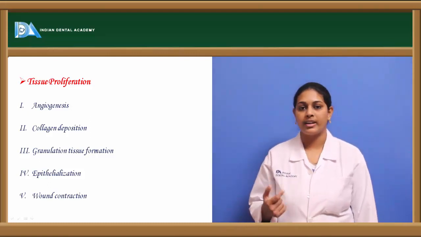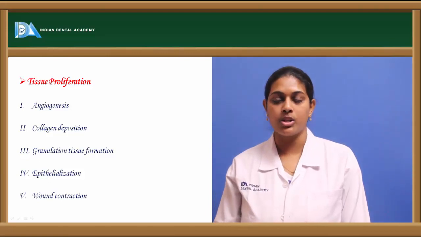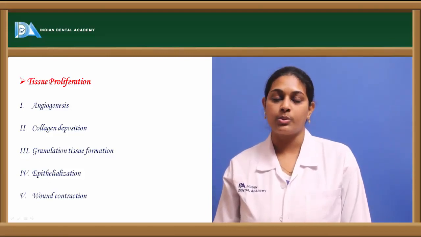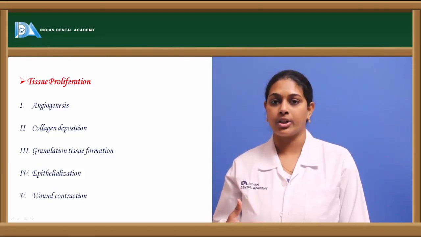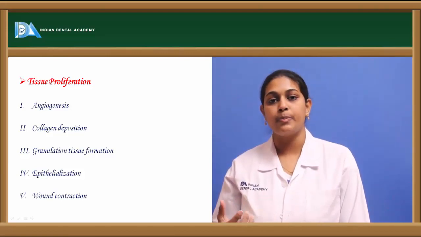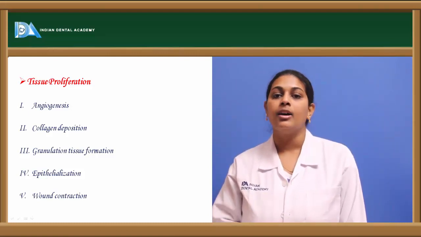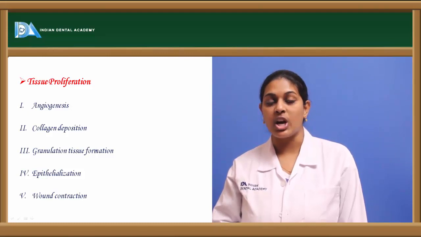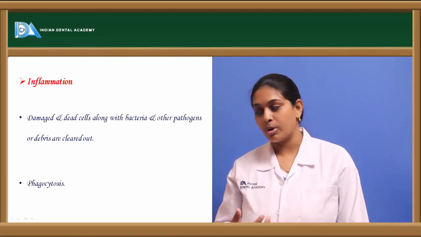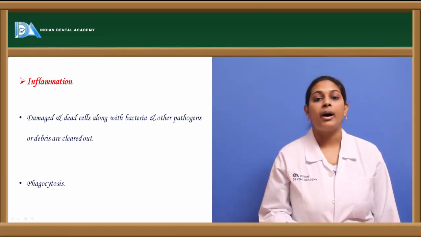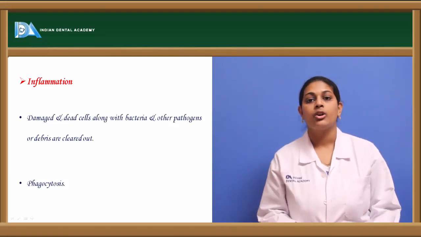Then coming to the wound contraction phase. This phase is usually not seen in all wounds, but it is most commonly seen in large wounds. When the wound is large enough, it decreases in size by contraction. This contraction is brought about by a specialized form of cells known as myofibroblasts. Myofibroblasts appear like fibroblast cells, but have the function of fibroblasts as well as that of skeletal and smooth muscle cells, which have a contractile function.